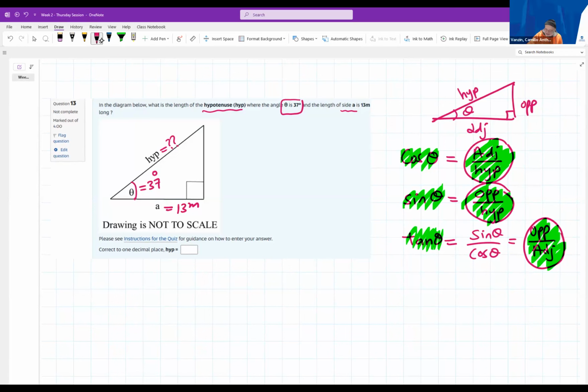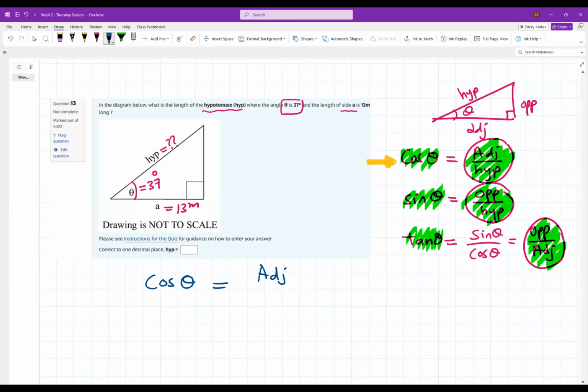Okay, so if we are looking at our example here, what is the link between the angle, the hypotenuse and the adjacent? Which function? I think cosine, right? So as we know, cosine theta equals the adjacent over the hypotenuse, right?